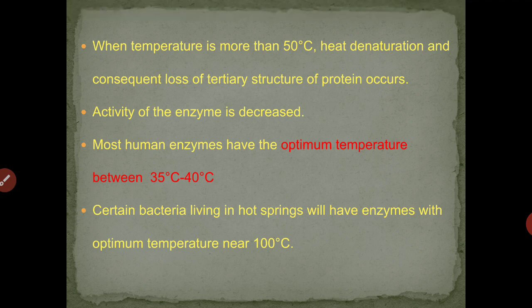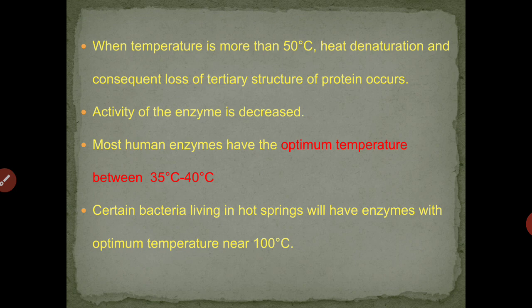When the temperature is more than 50 degrees Celsius, there will be heat denaturation and consequent loss of the tertiary structure of proteins, that is, your enzyme structure will be lost. Hence the activity of the enzyme will decrease. That is how the velocity will fall.